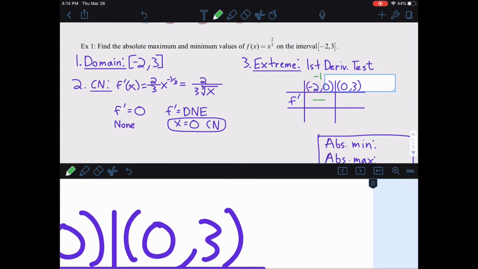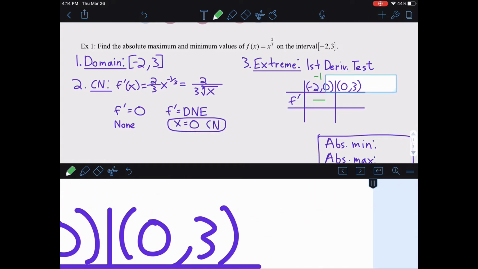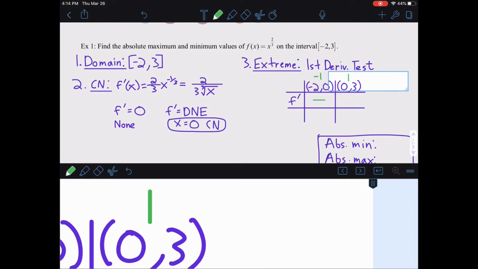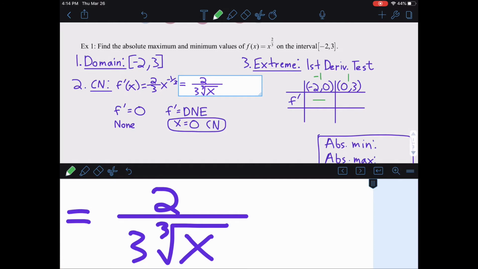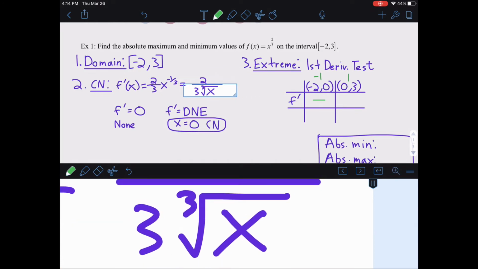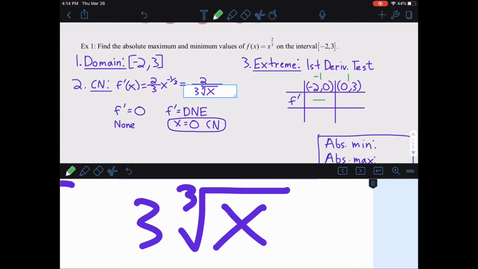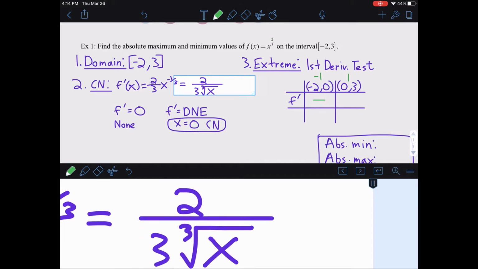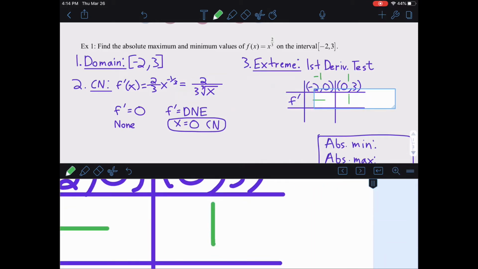Okay, do the same thing from 0 to 3. Pick any x value you want between those. I'm going to pick 1. Now let's plug 1 into f prime. The cube root of 1 is a positive number, times 3 gives me a positive number, and 2 divided by a positive number is going to give me a positive number.